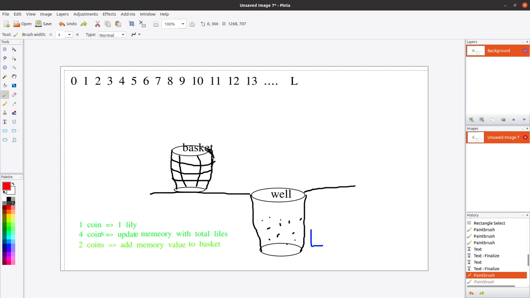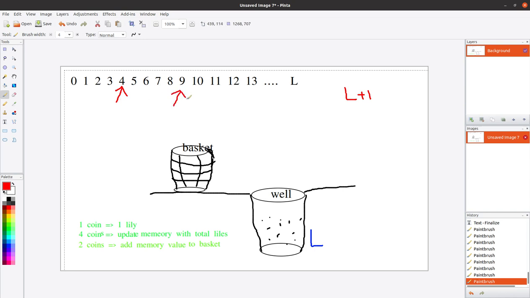And for this we will use dynamic programming. So here we have a table, and this table is of size L plus 1, and the target is at any index we need to calculate the minimum number of coins required. So here, for example, at 4 it will store the minimum number of coins required to collect 4 lilies.